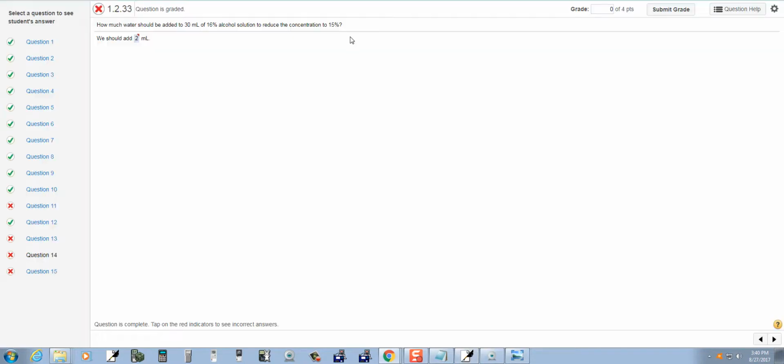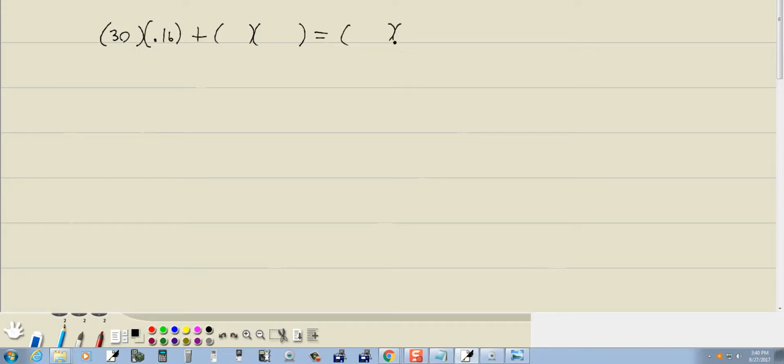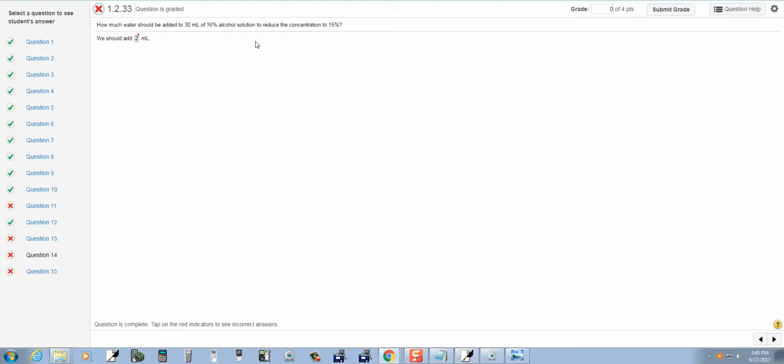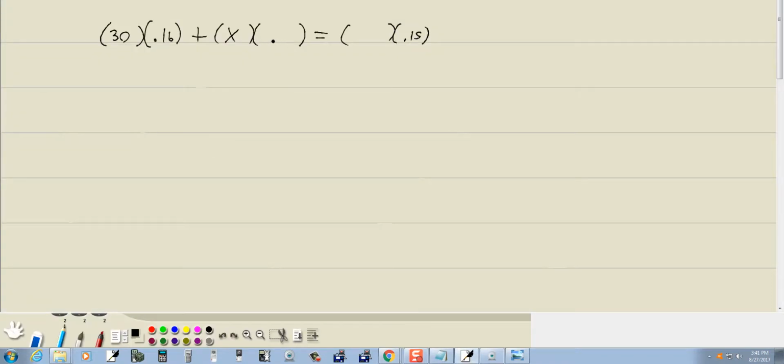So we want to reduce that to 15%. This would be x, how much water, and there's no alcohol in it, so that would be 0%. Now this is our quantity here, and this is our quantity, so we got 30 plus x here.